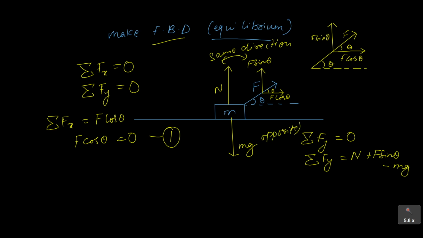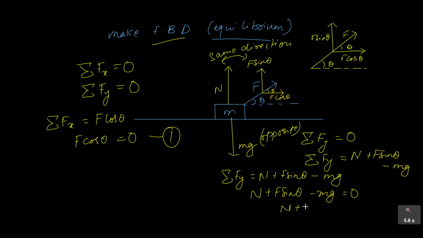Therefore I am using a negative sign to represent the opposite direction. So basically N plus F sine theta minus mg. We know the summation of Fy is 0, so N plus F sine theta minus mg will be 0, and N plus F sine theta will be equal to mg. This will give you another equation.